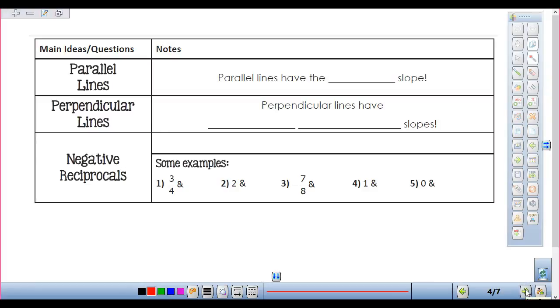Okay, now that we remember how to find slope, we're going to talk about parallel and perpendicular lines. So remember parallel lines, those are 2 lines that have the same slope, but what about them? They are never going to what? They're never going to intersect. Okay? Remember parallel is that.